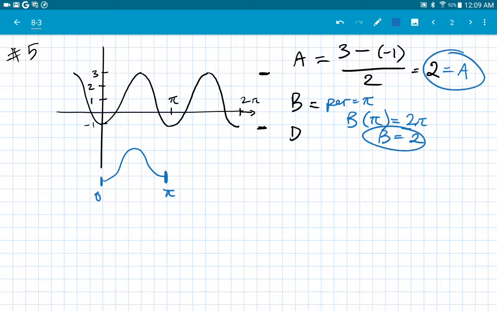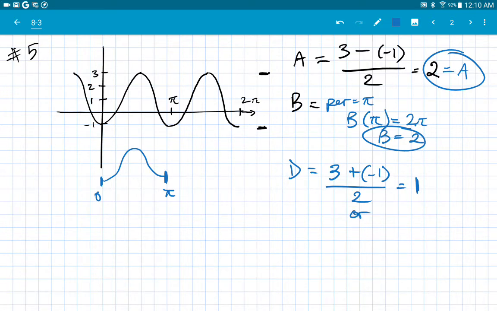Okay, so we got our a and b value. Now we need to find the d value. So to find the d value, that's the vertical shift, up or down. To do that, again, we can take our max, remember that it's going to be added to the min, which is negative 1, and divided by 2. So 3 minus 1 over 2 gives us a d value of 1.